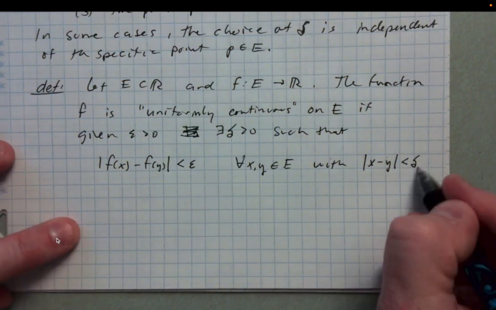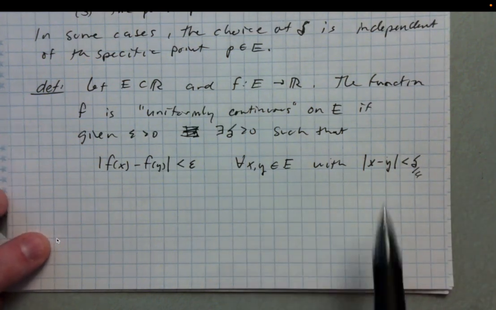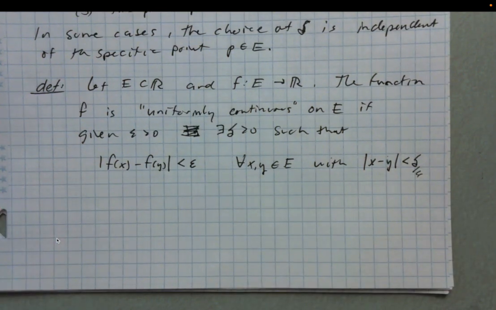And this is the same delta for every x, y in the domain set E. So basically, given an epsilon greater than 0, I can find a single delta that works for every point in the domain. When that's possible, you have a function that is called uniformly continuous. It's not always possible.